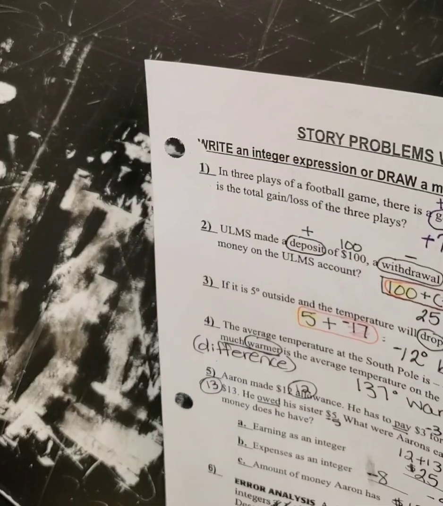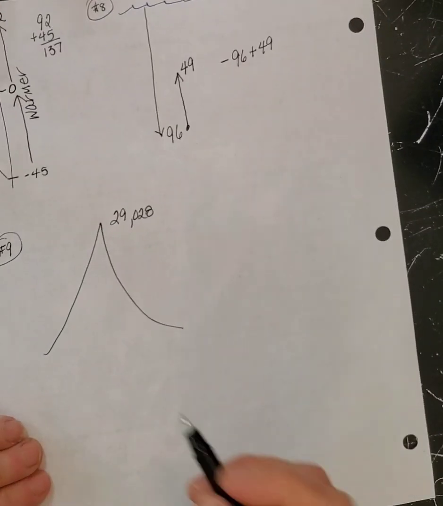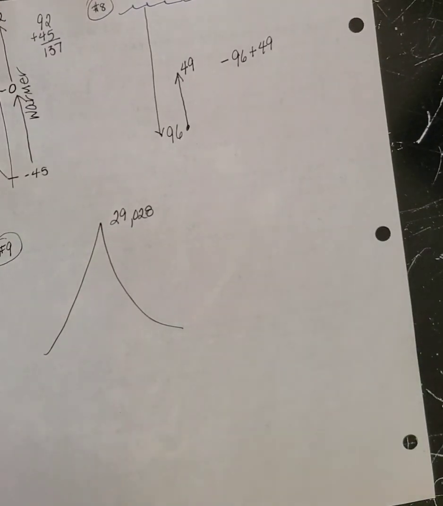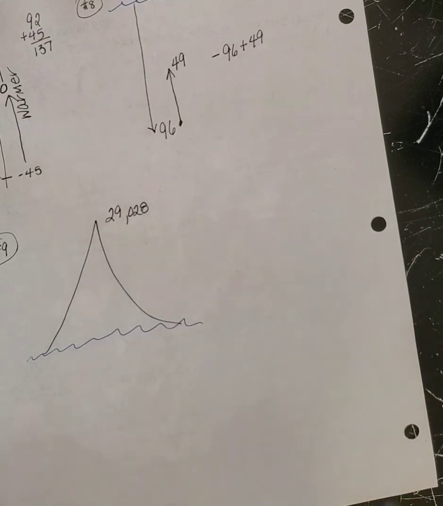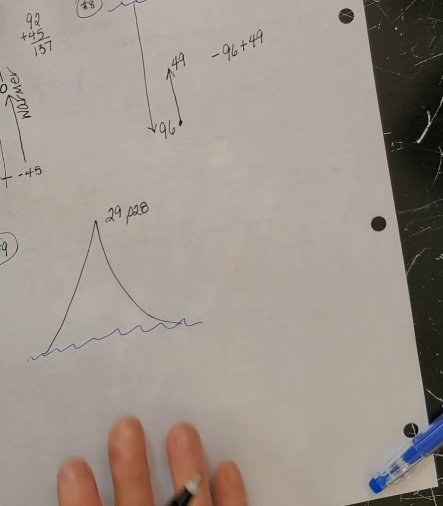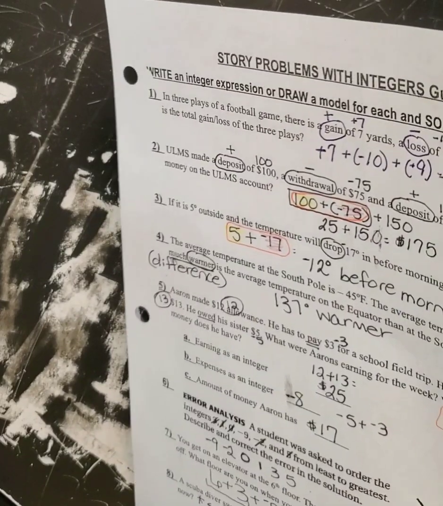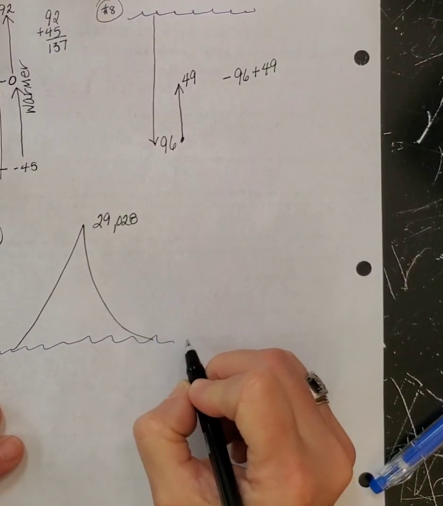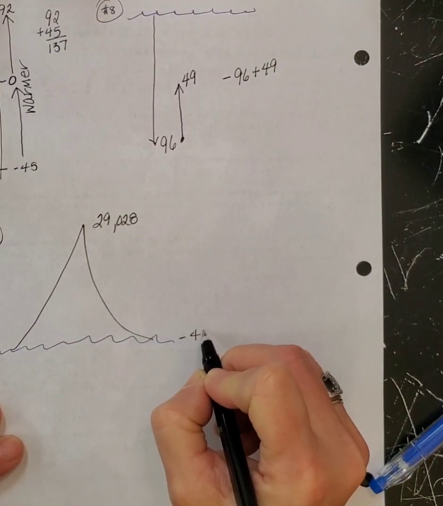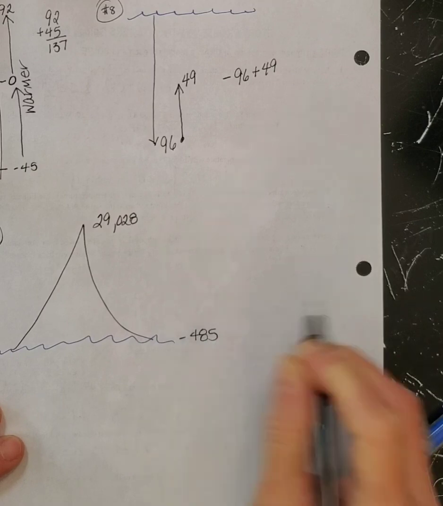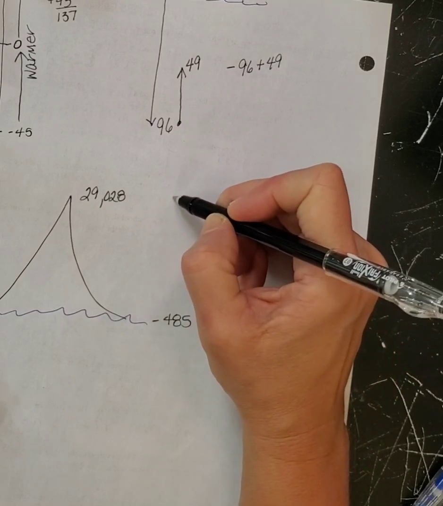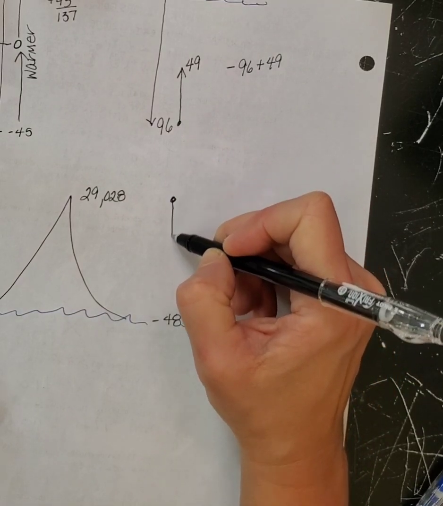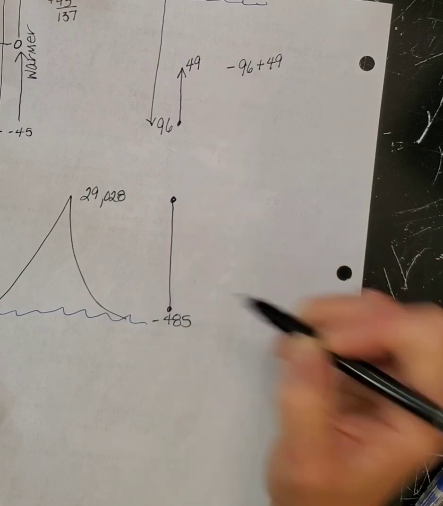And the Dead Sea is down here at negative 485. All right, and the question's asking us, how far is it from here to here?